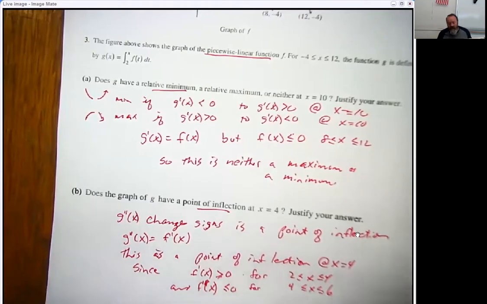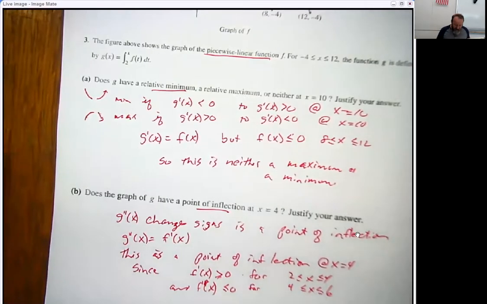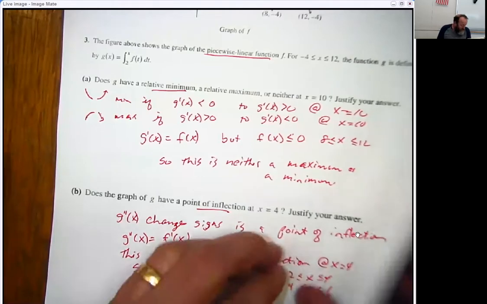So keep in mind, to demonstrate that something was a point of inflection, we needed to say that f prime changed signs, and it clearly did change signs.